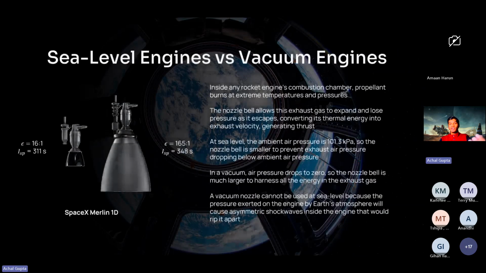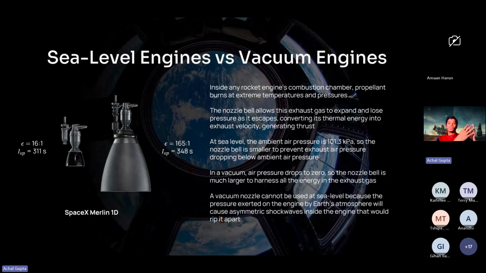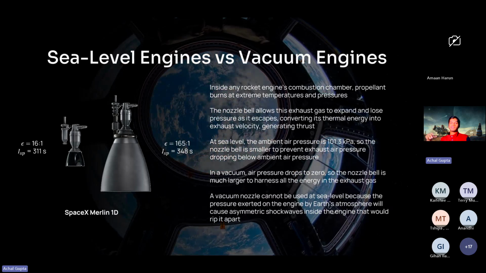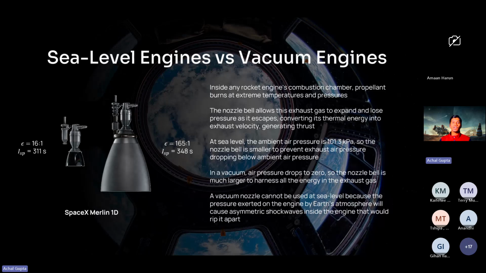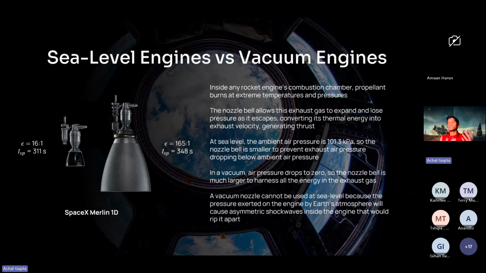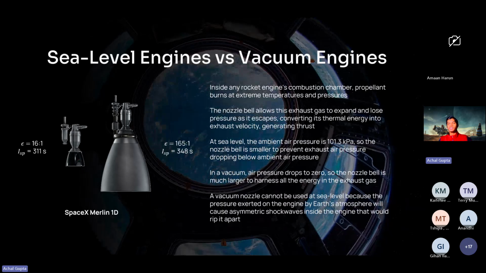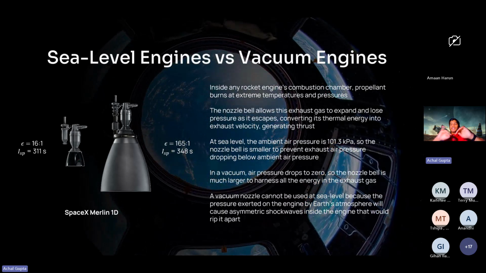Now, if we're staging, we can also take advantage of the fact that we're moving from the atmospheric pressure at surface level to the vacuum of space above 100 kilometers altitude. And the way we take advantage of this is by increasing the size of our engine nozzle. When exhaust is being released from our combustion chamber, the nozzle bell lets it expand.